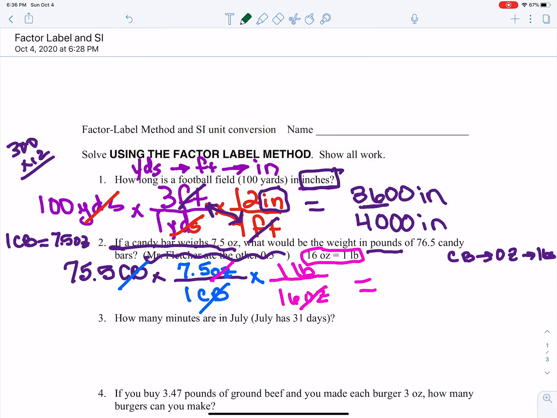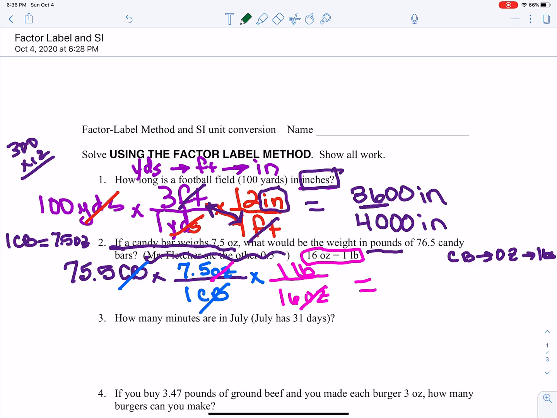So what's the math? We have to take 76.5 times 7.5, divided by, because if you notice, 16 ounces is in the denominator.